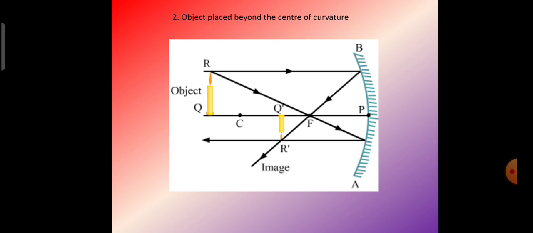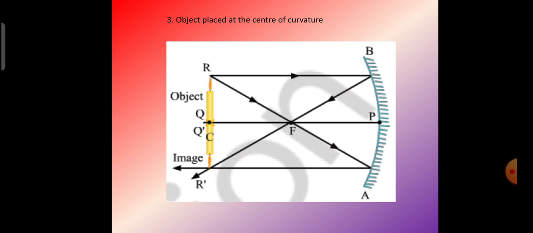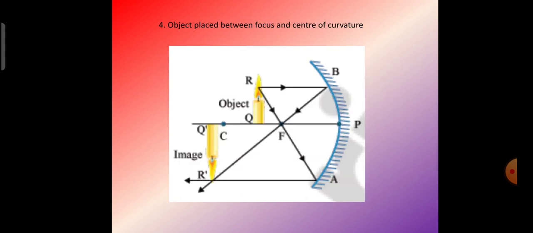You can see the image is diminished, inverted and real. Here the object is placed at the center of curvature, so the image formed is also at the center of curvature, it is inverted and real.